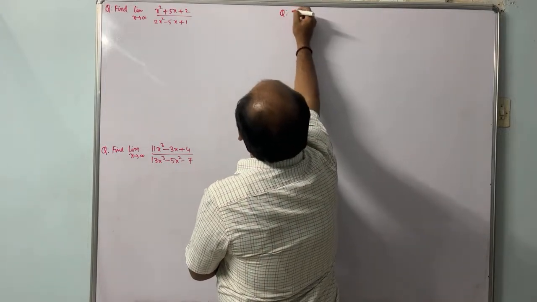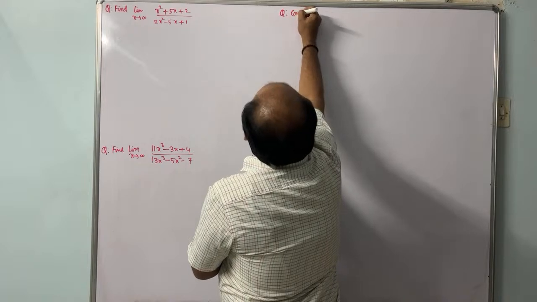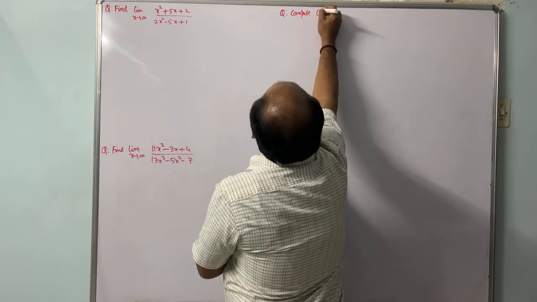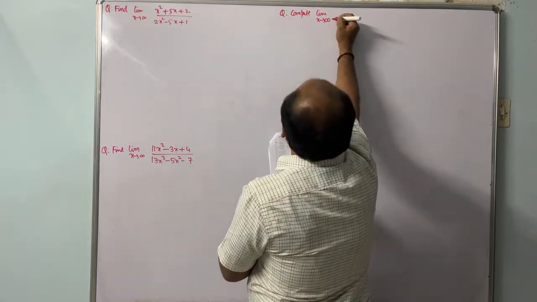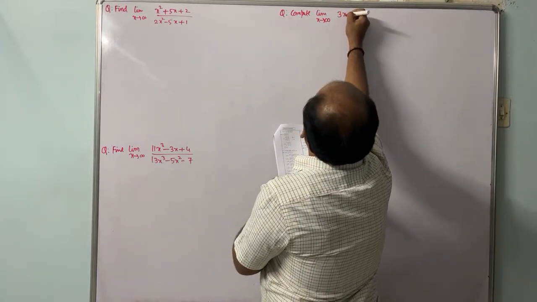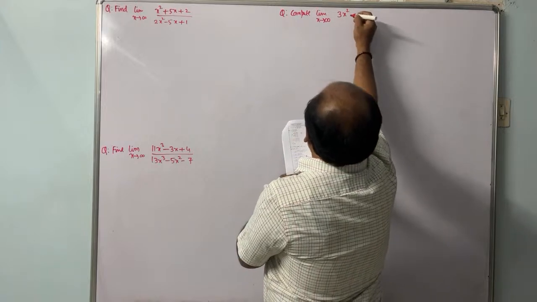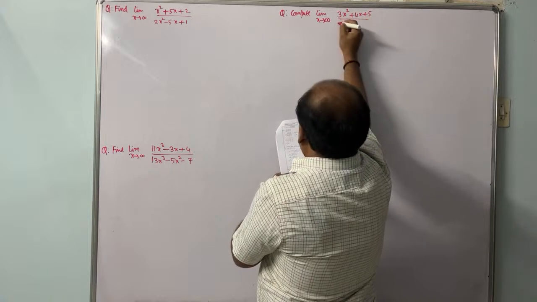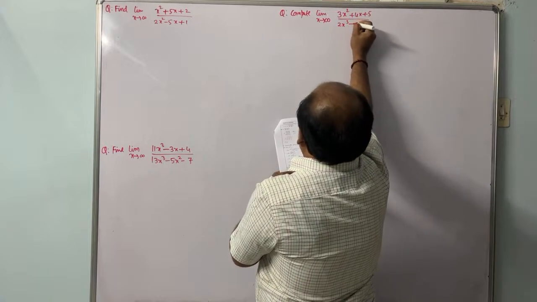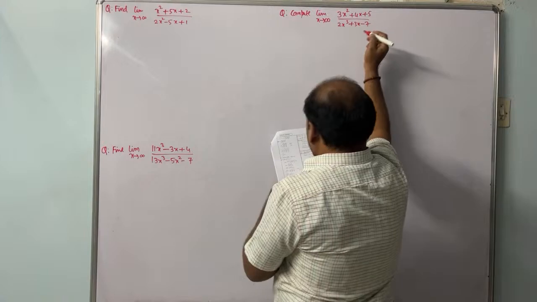Next question, compute limit x tends to infinity, all infinity problems, 3x square plus 4x plus 5 divided by 2x power 3 plus 3x minus 7.